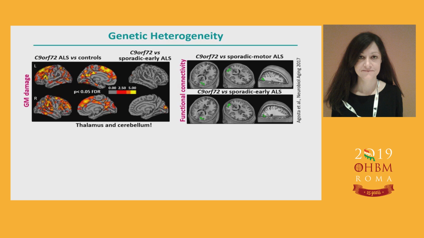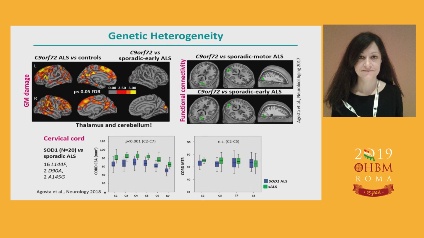patients. And looking at cortical thickness, functional connectivity, and atrophy in the subcortical regions, for instance, we show that these patients, so those with this mutation, are characterized by a specific subcortical damage within the thalamus and the cerebellum, with a particular pattern of occipital functional connectivity. And again, in the ALS patient group, we looked at another genetic mutation, which is SOD1.